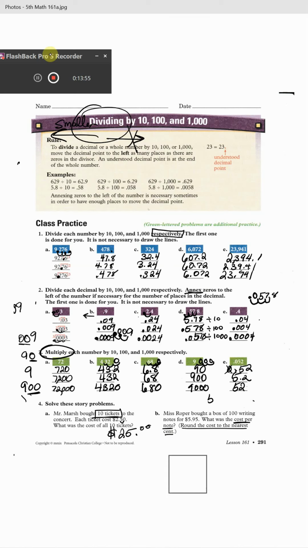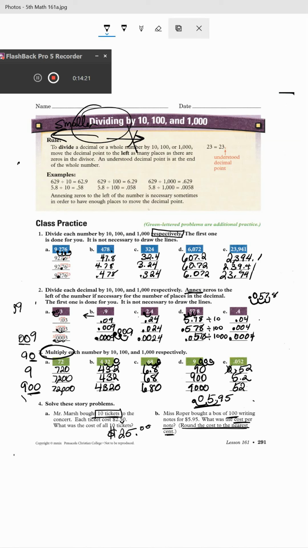So if it's 5.95, don't worry about the dollar sign yet. We're going to divide that by 100, so you move it over 2 places. You get 0.0595. But since this is money, they want you to round it to the nearest cent. And remember, 2 places after the decimal is all we have in money.